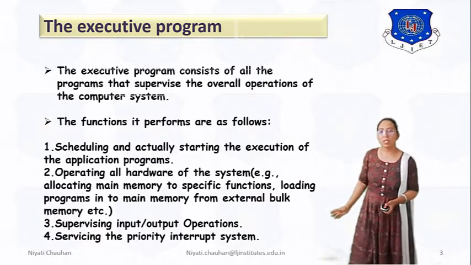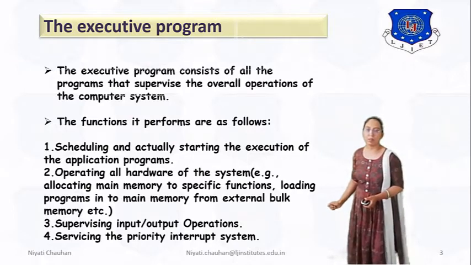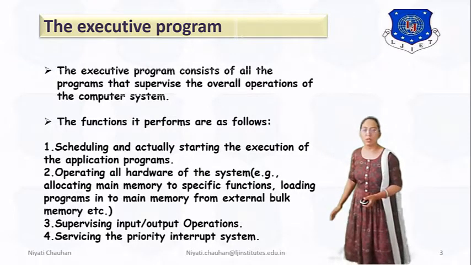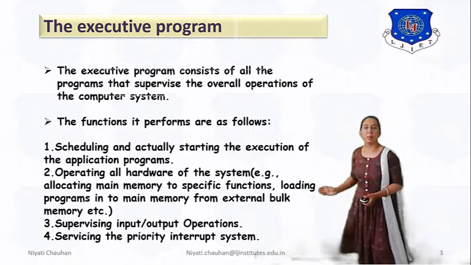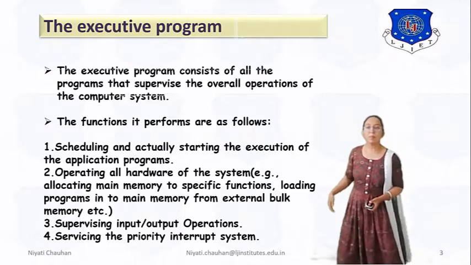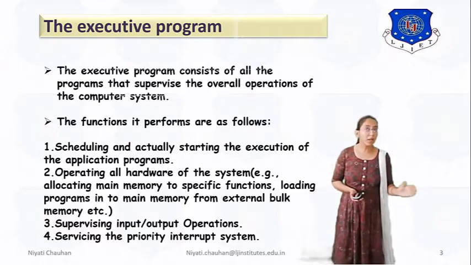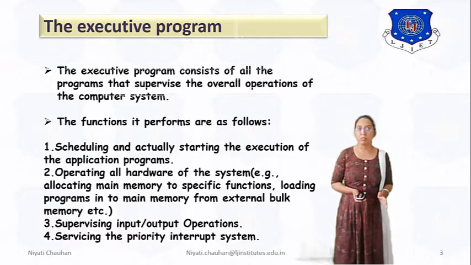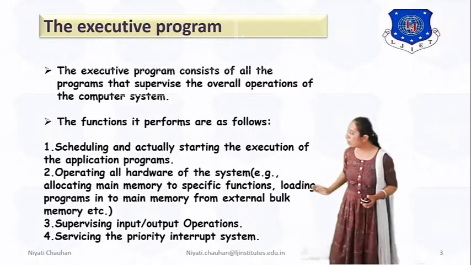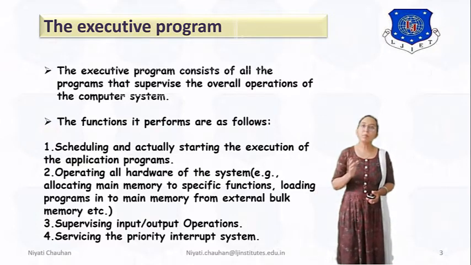Then number 3, supervising input-output operation. And number 4, servicing the priority interrupt system. Okay, so in number 3, supervising input and output operations, and in number 4, servicing the priority interrupt system.